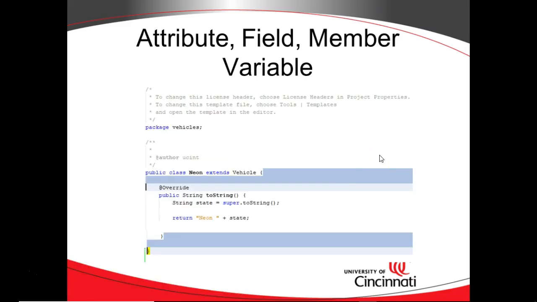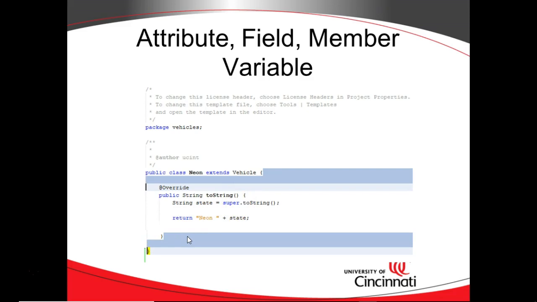Okay, now there's a special name for variables that are defined inside of the class, but not inside of another method. That's the blue area that I've shaded here. So you see we are within the open and closed curly of the class, but we are not within the open and closed curly of a method. Variables declared here are called attributes. A few years ago we called them fields.